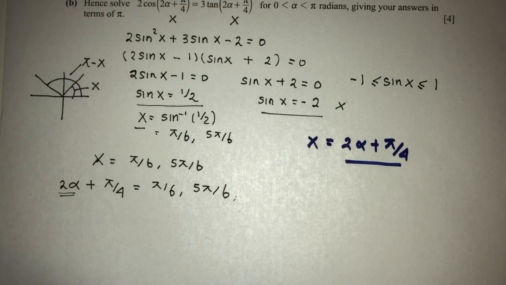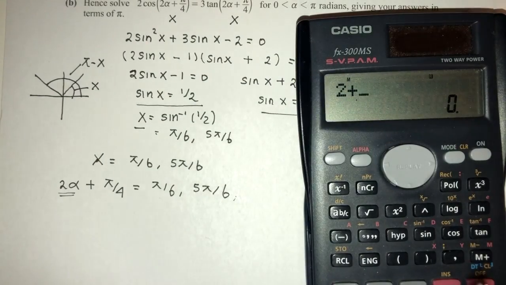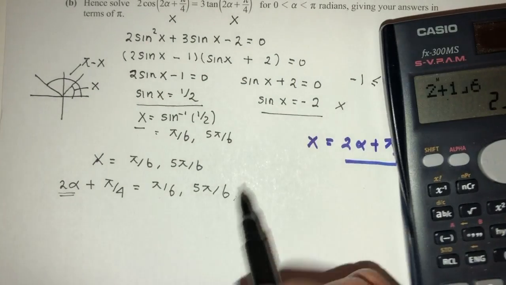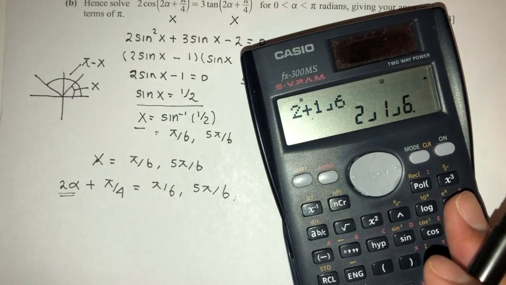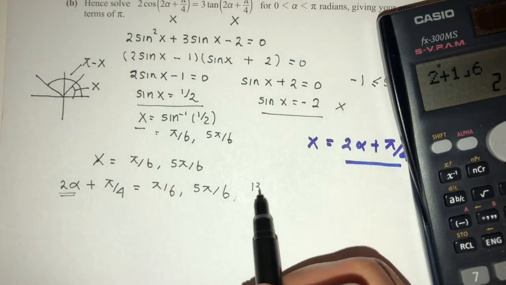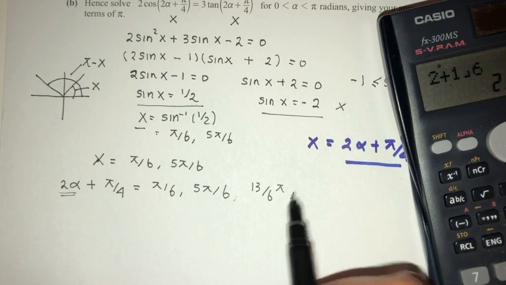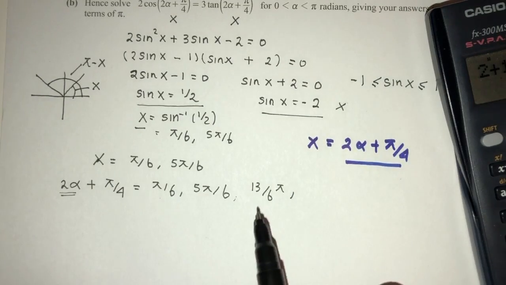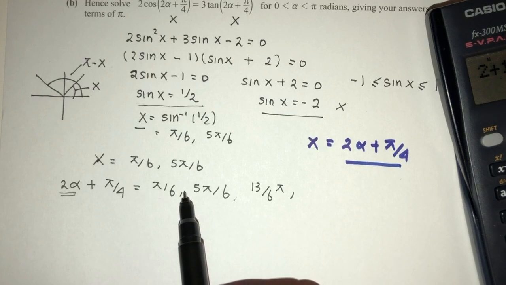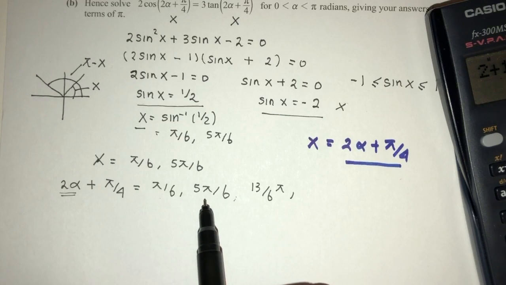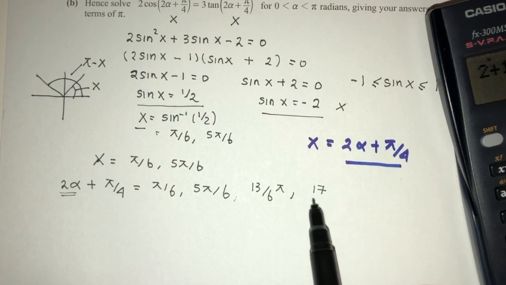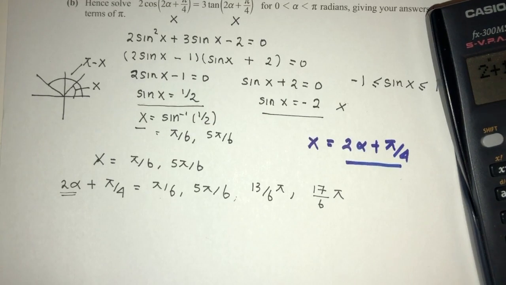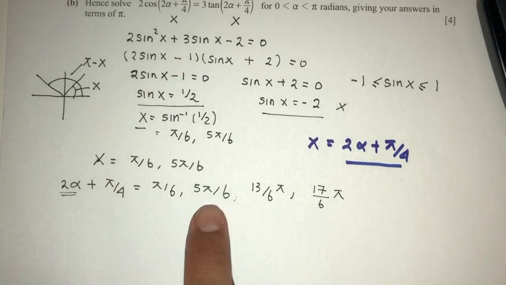So 2 pi plus 1 over 6 will be 13 over 6 pi, and this again, 2 pi plus this, will be 17 over 6 pi, right? Yep, that should be it. Now we are working with 4 angles, so we don't miss any of them. That's why we do that.